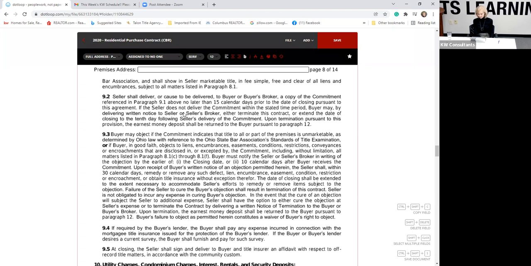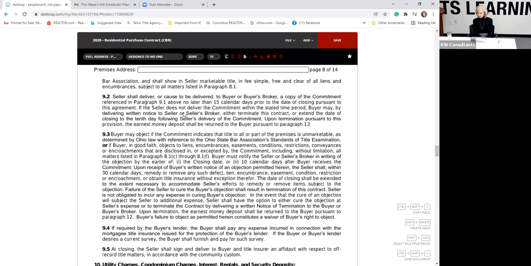I'll give you an example of an agent in my office. She sold a property out in Westerville, in a subdivision, and it had a lot of trees in the backyard. The buyer said to the agent, you know what, that's far too many trees, so we want to make sure that we can cut down some of those trees if we buy that property.